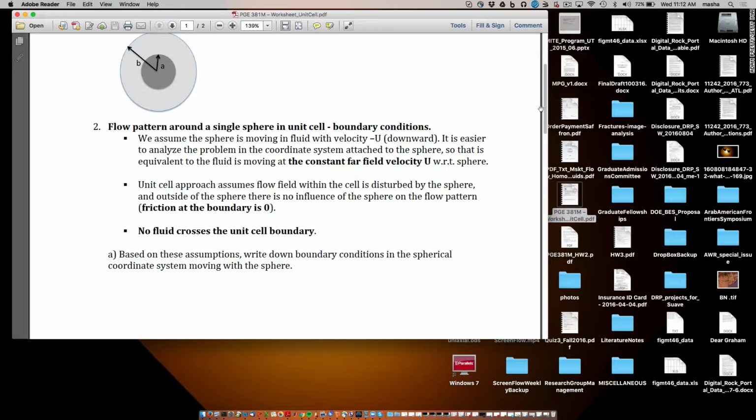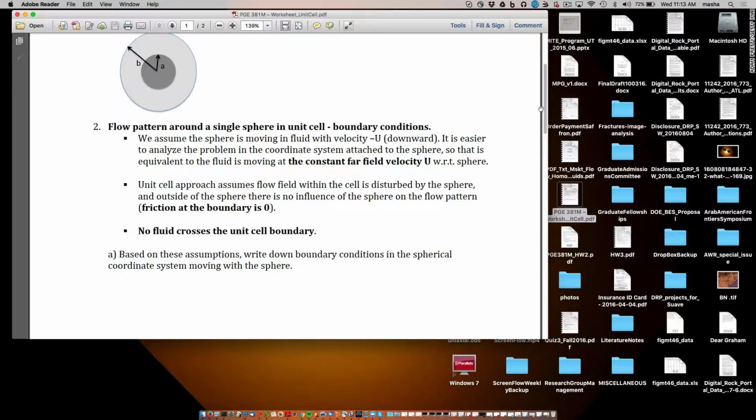So I just need to translate the coordinate systems. My v_r and v_theta on the sphere boundary, r equal to a, have to be this velocity translated to the spherical coordinate system.